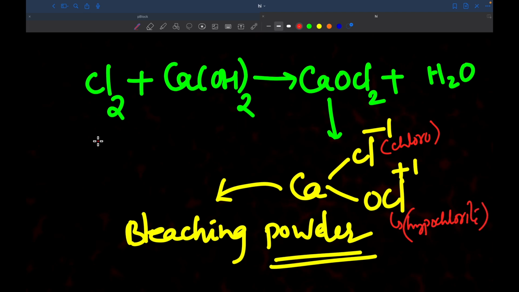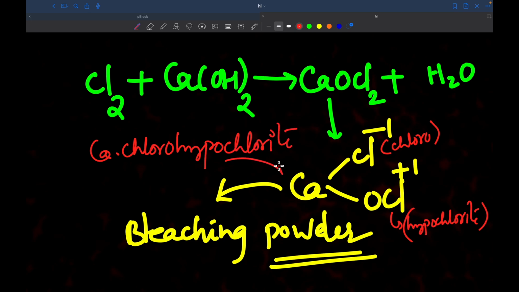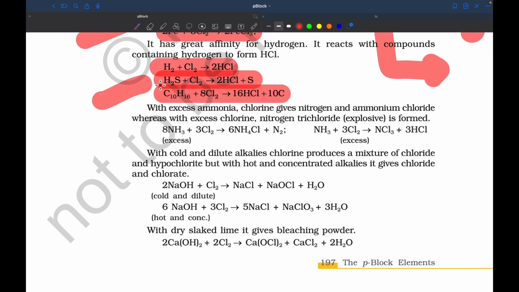Name of this compound is calcium chlorohypochlorite, which is the chemical name of bleaching powder. Right? So bleaching powder is another important part of these chlorine reactions.